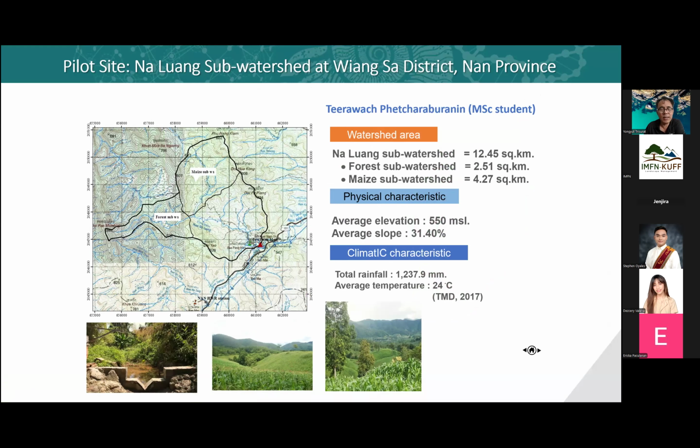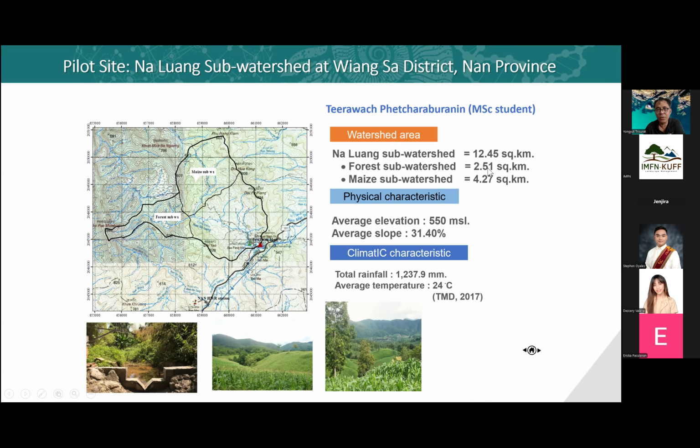After I did the provincial land use scenario, we did a site-level practice at a small watershed in Wiang Sa district, which comprises three small catchments, with forest, maize plantation and others.